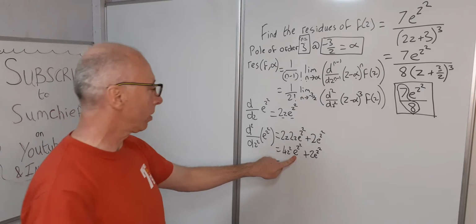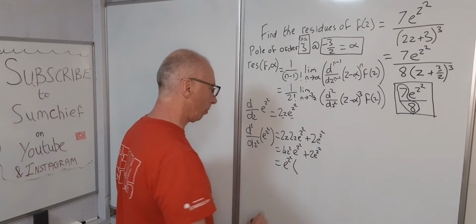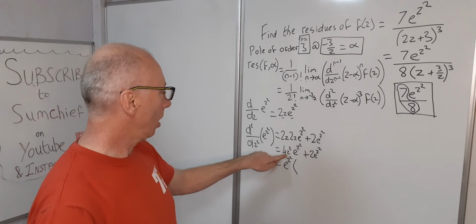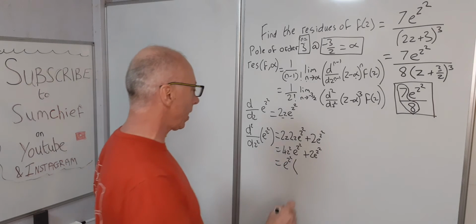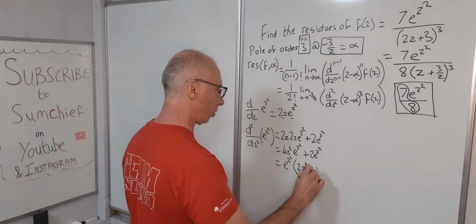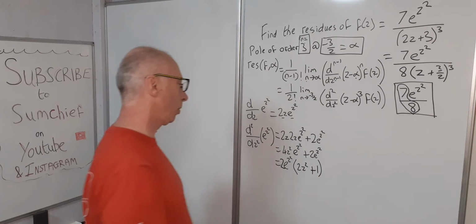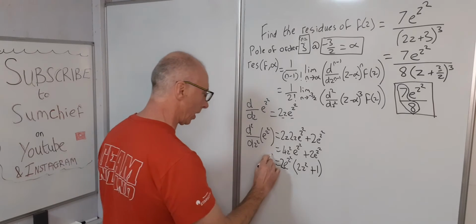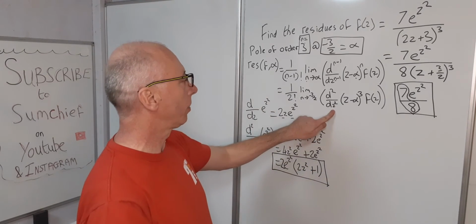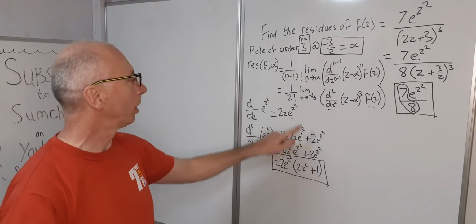We've got an e to the z squared, multiplied by, we can take a 2 out as well from 4z squared, that's 2z squared plus 1, and then multiply that by 2. So that's the formula for the second derivative that we're looking for. That is basically what this is in our formula.